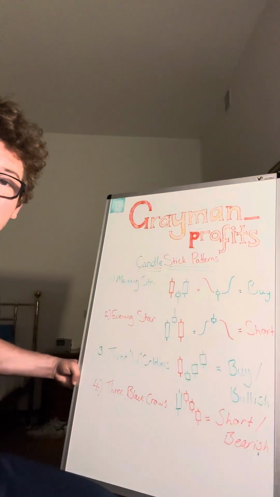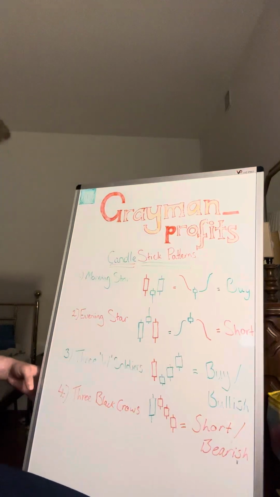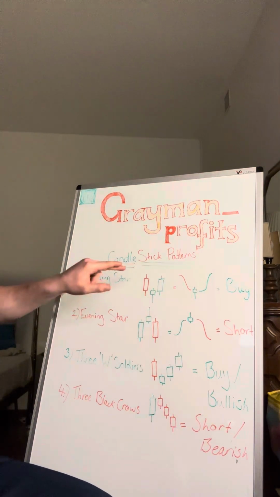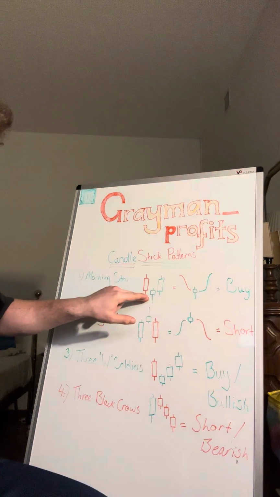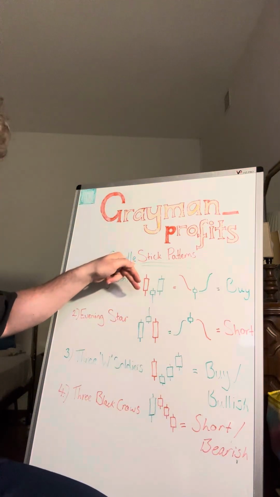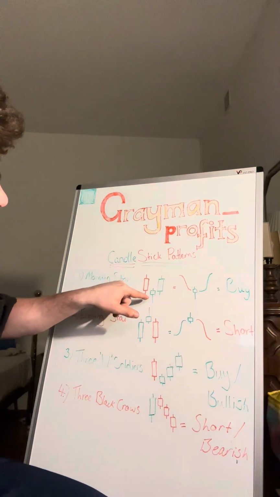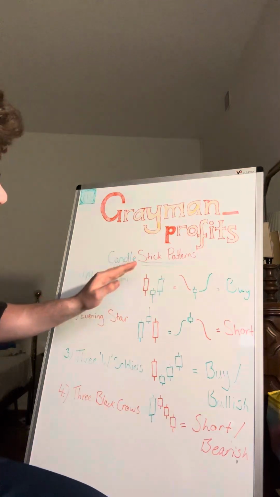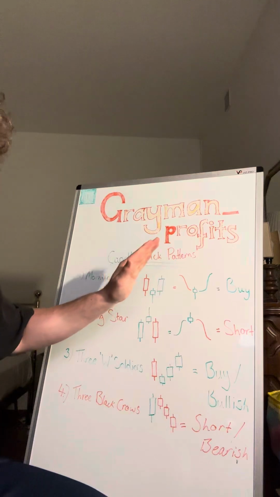First of all, I'll bring the board forward a little. So, the first one on the board is called the Morning Star, and it is shown by this indication. So often, whenever you see a hammer situation after a bearish market, so a large red candle moving downwards, and then a smaller candle with a longer wick and a hammer shape, this will indicate most likely that it is going to go in the upward direction.